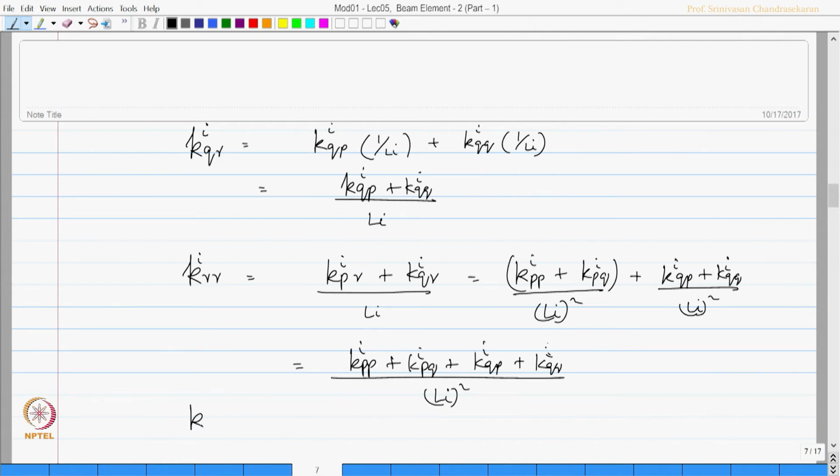Similarly, Ksr will be negative of Kpr plus Kqr, which will amount to minus of Kpp plus Kpq plus Kqp plus Kqq of Li square.